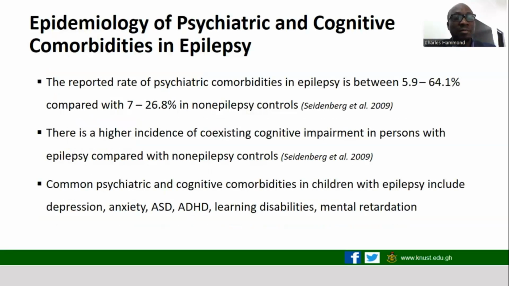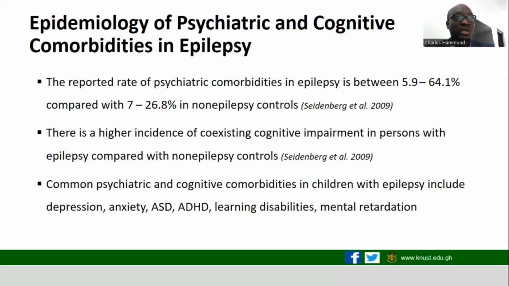We want to look at some epidemiological data on some of the psychiatric and cognitive comorbidities of epilepsy, especially in children. The reported rate of psychiatric comorbidities in epilepsy is between 6 to 64%, compared with 7 to 26% in non-epilepsy controls.